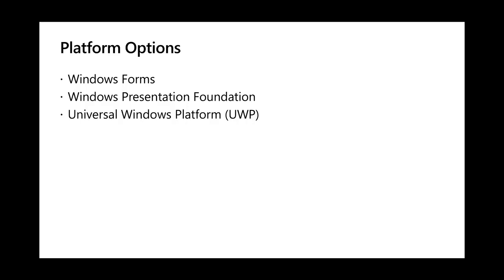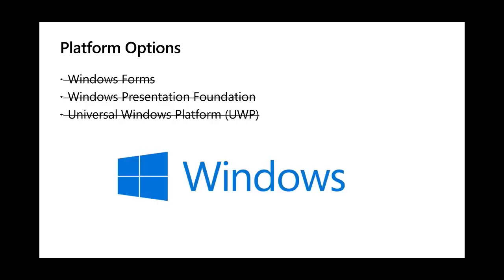One of the goals for the team is to remove the distinctions between these apps from a developer point of view. If there's a feature that you want, you should be able to use it in WinForms and WPF just like you use it in UWP. The thought should be, I'm not writing a WinForms or a WPF app, I'm writing a Windows app targeting Windows 10.